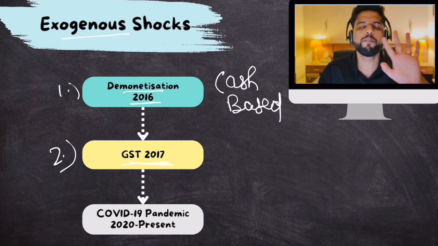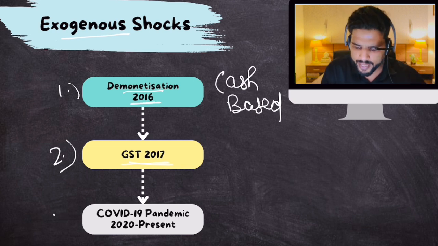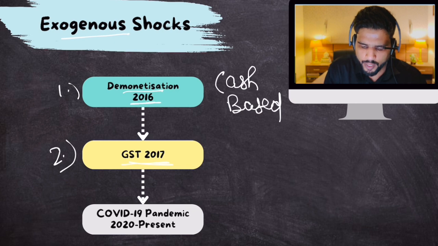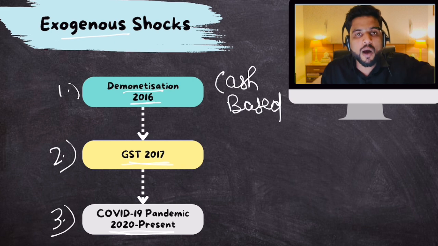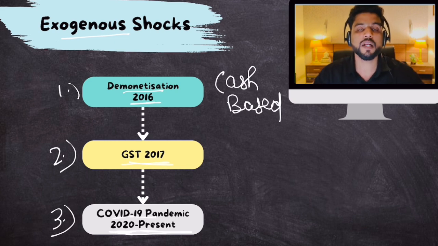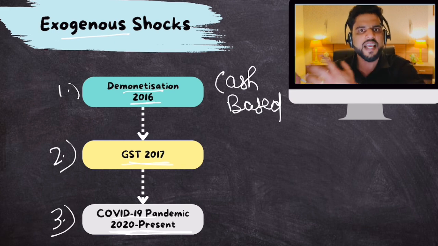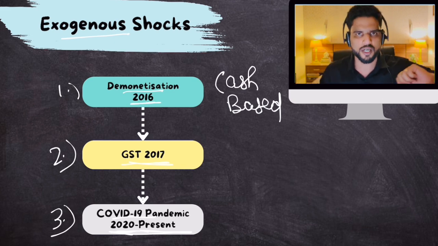And the third biggest shock that the informal sector faced by far was the COVID-19 pandemic. The COVID-19 induced lockdown had such an impact that the informal sector is still not completely out of this shock. That is why I've written 2022 to present. Large enterprises, large companies, were able to survive COVID-19 because they had a large pool of savings to sustain themselves through these lockdowns.